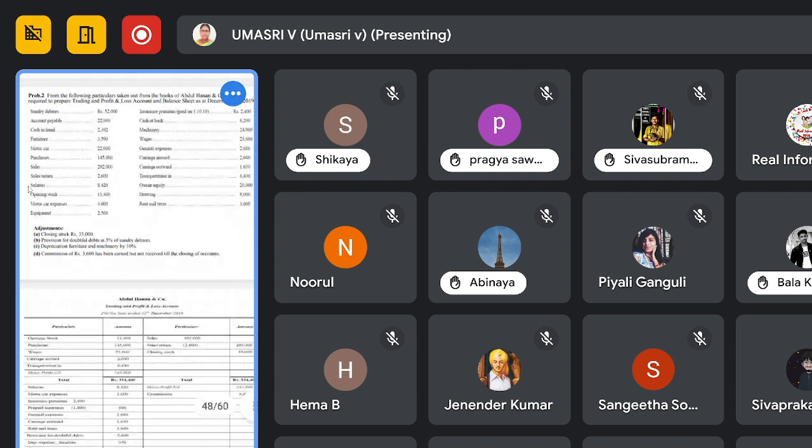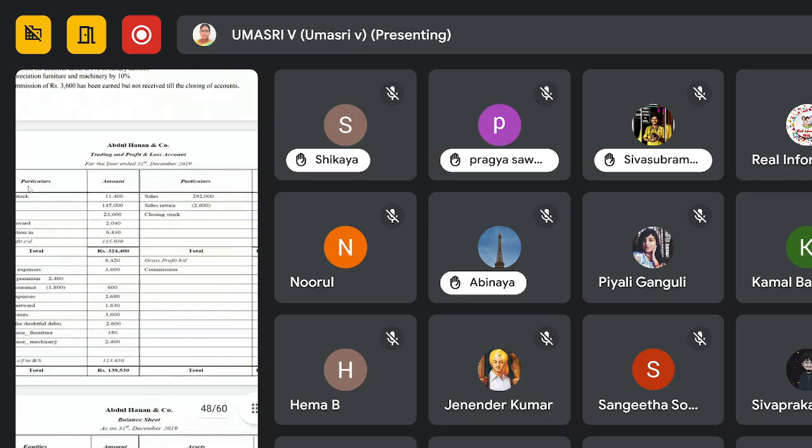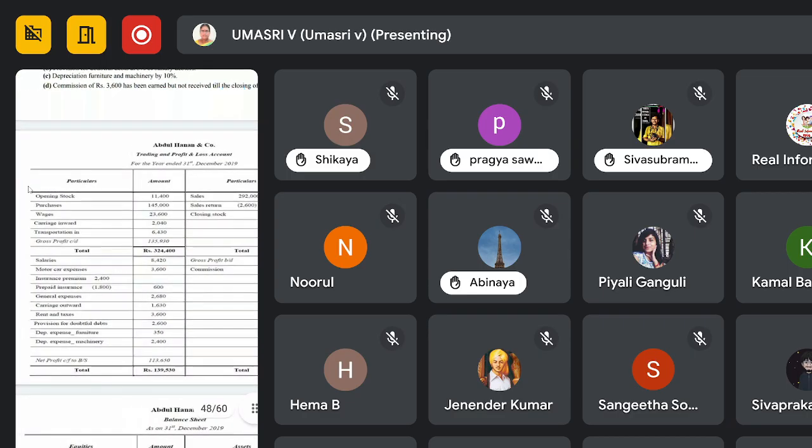Okay, then Madam, the page is not clear. Which one is not clear? Yes, madam, now it is clear. It is slowly a little blur and then it gets clear slowly.